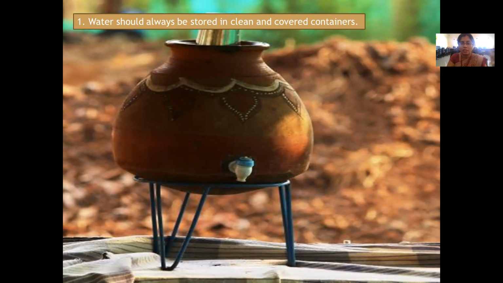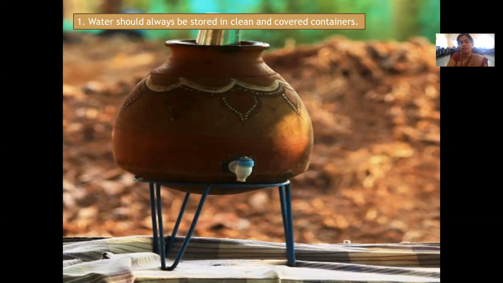If at all you take a container which is not cleaned, which is not washed, and it already has some germs in it, even though you're pouring mineral water into that particular container, it gets contaminated, right? How? Because the dirt which is already present in the pot is mixed in the water.